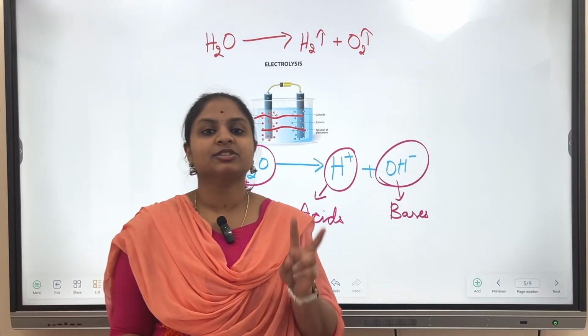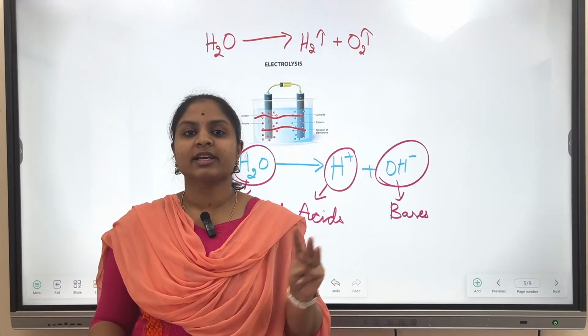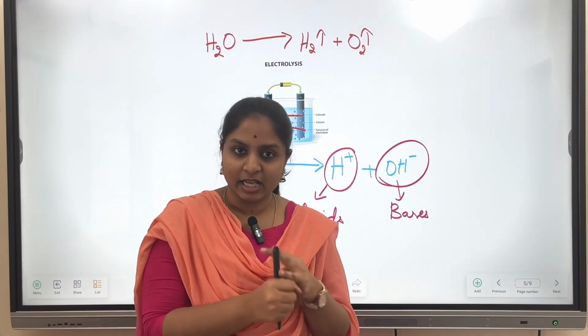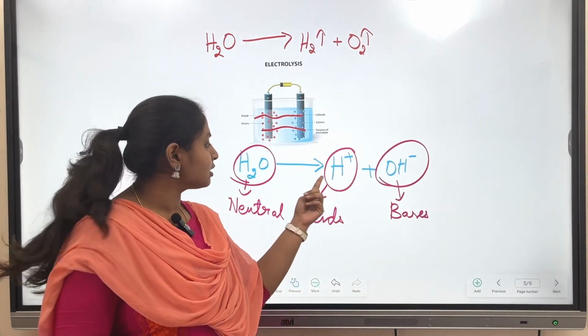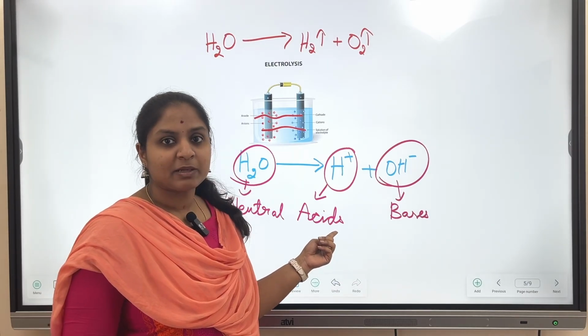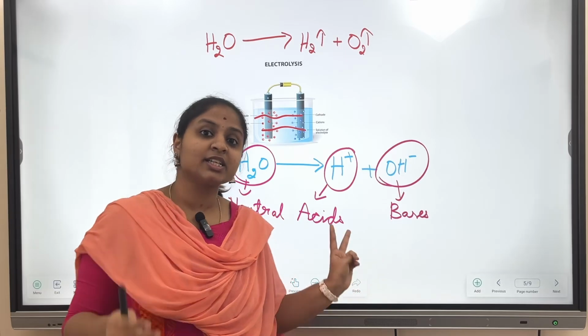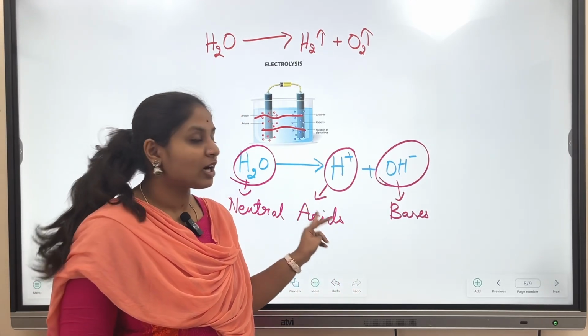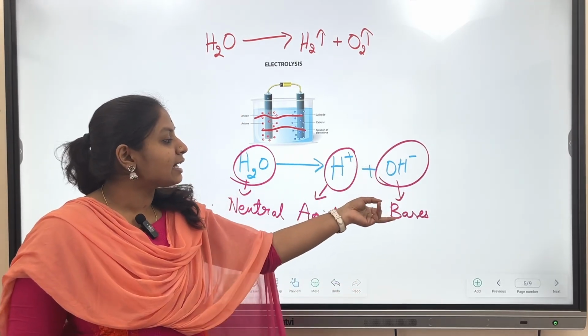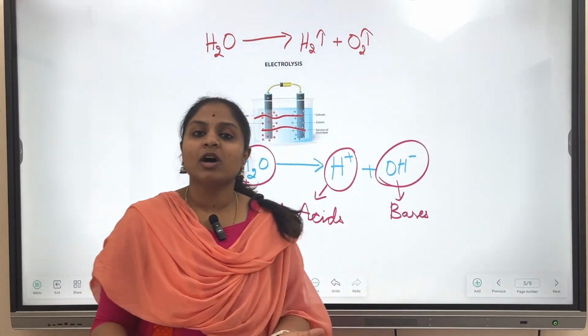So till here we understood there are three types of liquids: acids, bases and neutral liquids. Acids are the ones which will give H plus ions, and also they are burning. Remember Chintu's eyes were burning when acid entered, so they will cause a burning sensation. The second type of liquid is bases. What are bases?